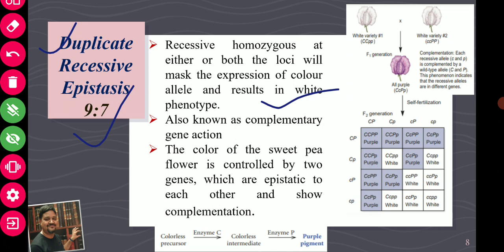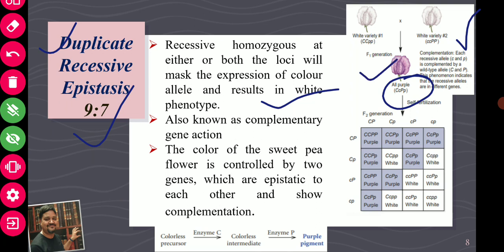Here you can see the white variety, capital C small p, and another white variety, small c capital P. Here you can see recessive alleles at different loci. Both are phenotypically white, but when they are crossed, there will be formation of a heterozygote individual, and it will have purple color flower.